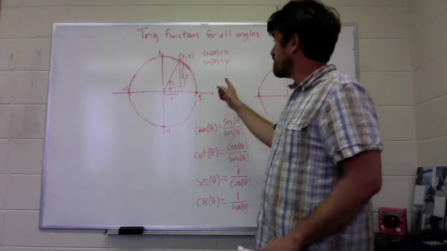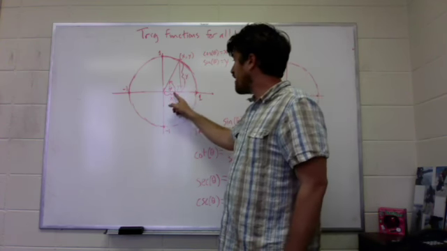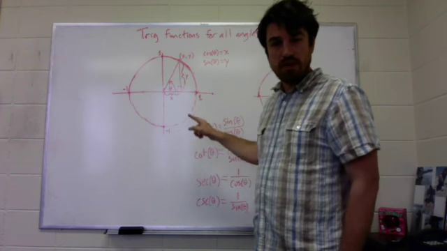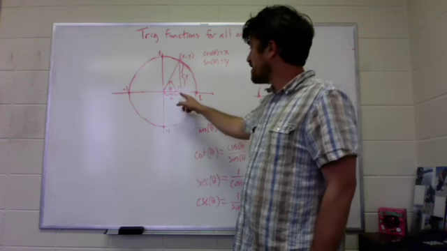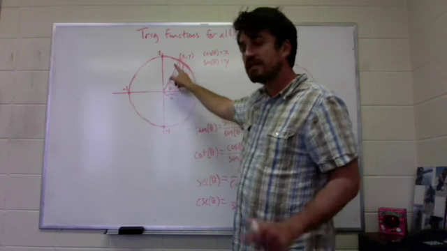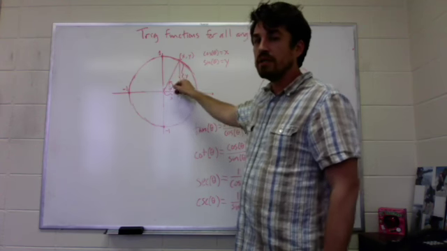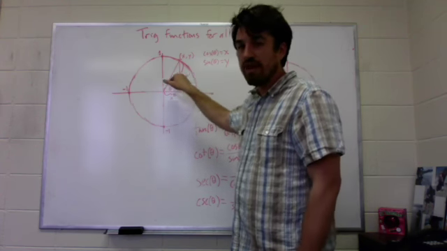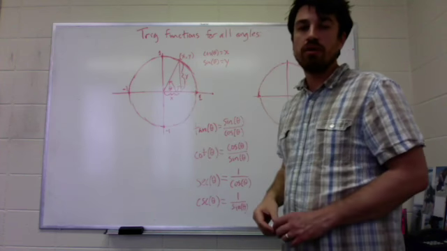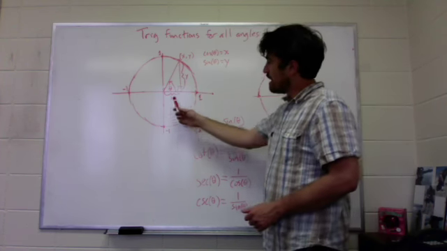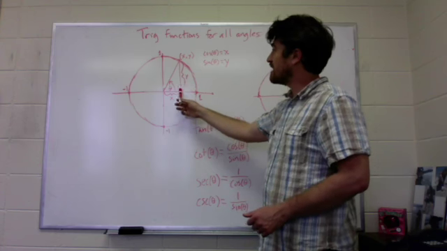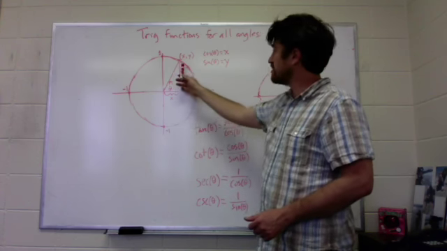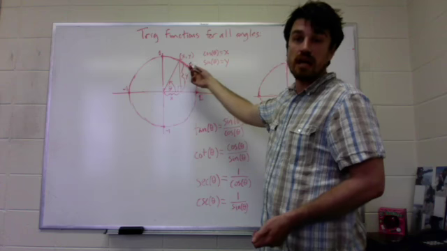Likewise, the cosine, remember, was the ratio of adjacent over hypotenuse. Because our hypotenuse is equal to 1, that ratio is just equal to the value of the adjacent side, no matter what it actually is. And this adjacent side length is just the x-coordinate of this point up here.